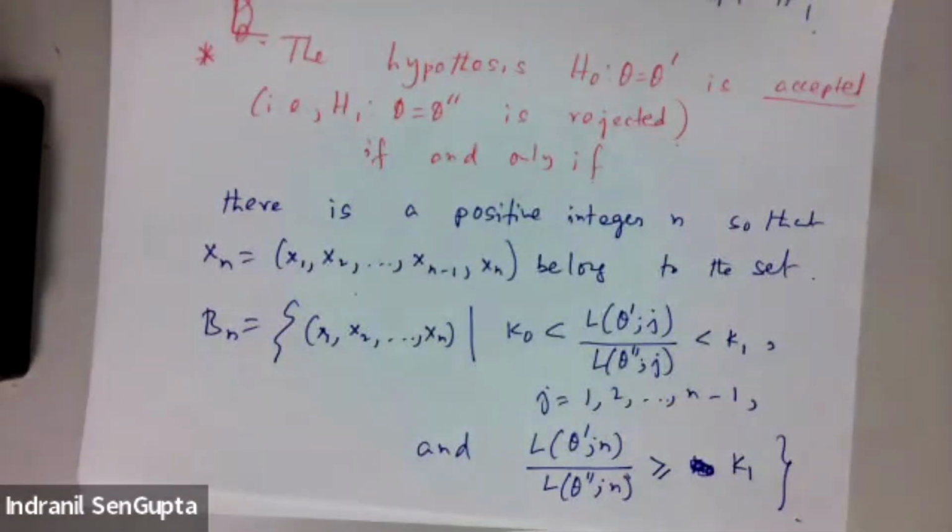So as soon as it hits the upper limit and goes past that, then we say that we are taking our null hypothesis to be true. So we are accepting it.